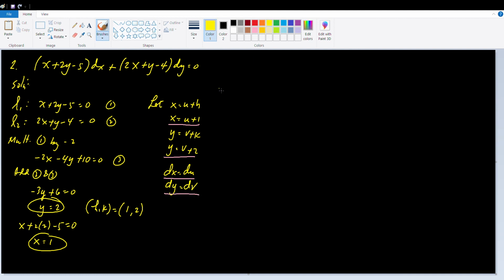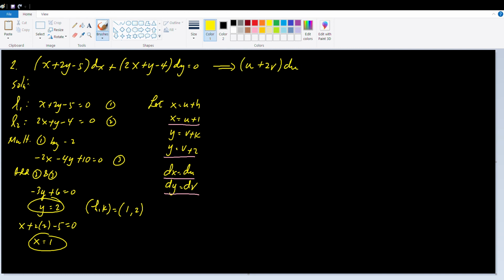Okay, so let us apply this now to our equation. X will become u plus 1. And what will happen here? This will transform into u plus 2v quantity du.